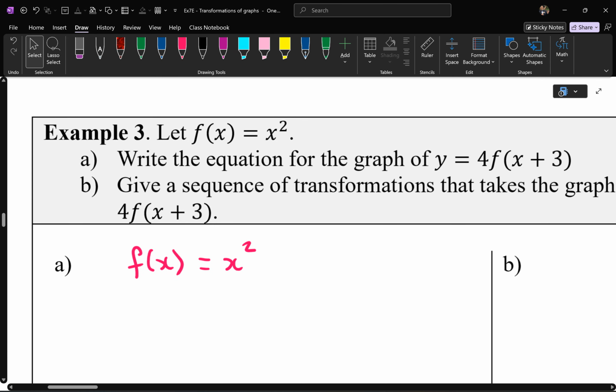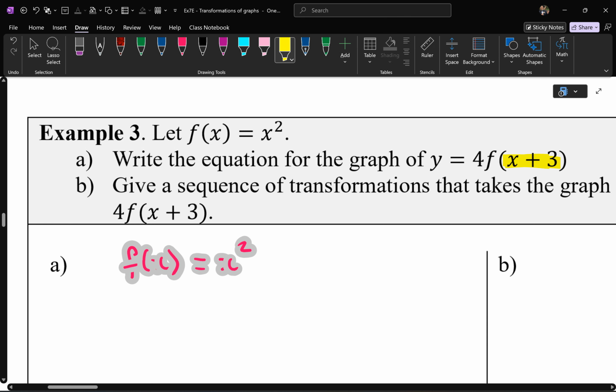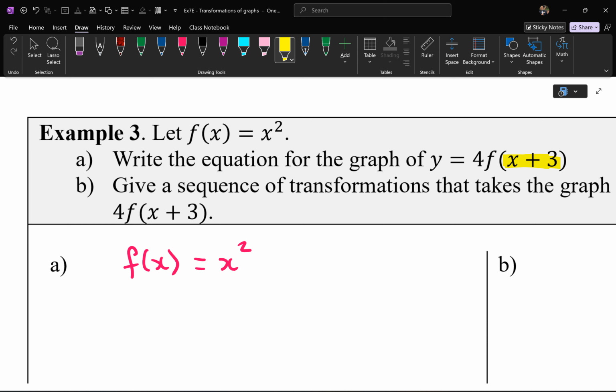Well, f of x plus 3 means substitute x plus 3 into your function. So let's write it out clearly. f of x plus 3, what does that mean? If we sub it in, what you should get is x plus 3 squared.